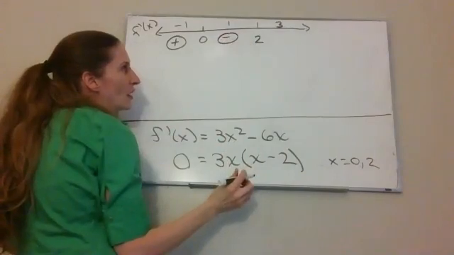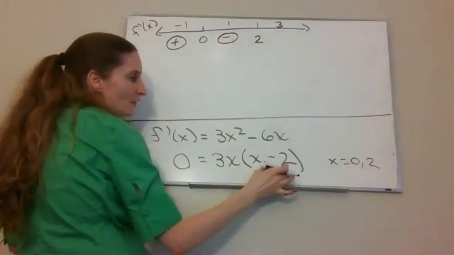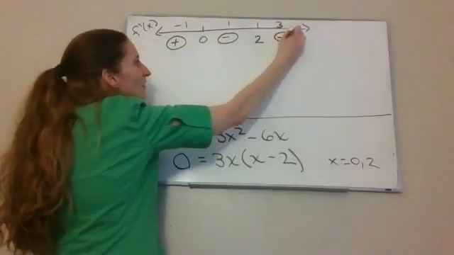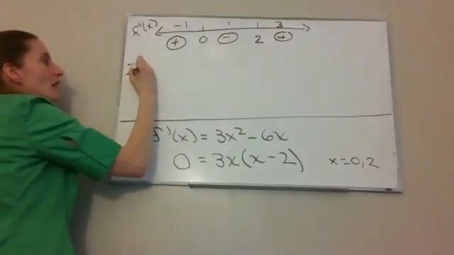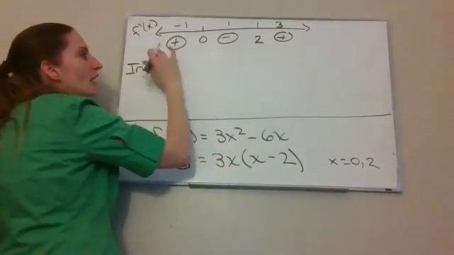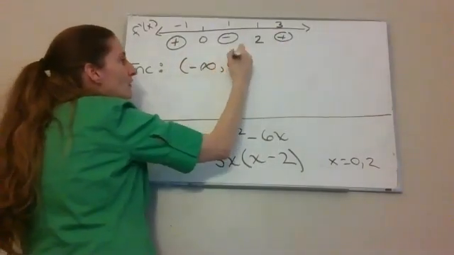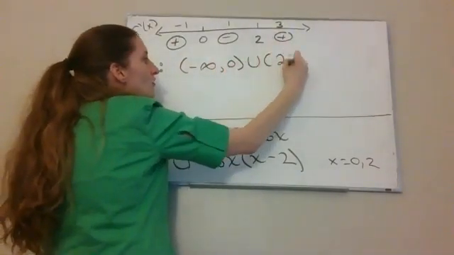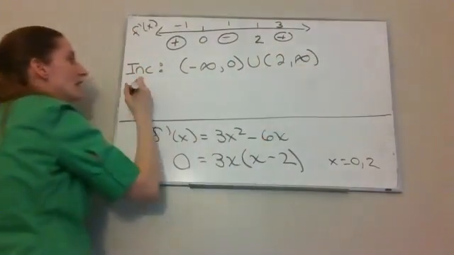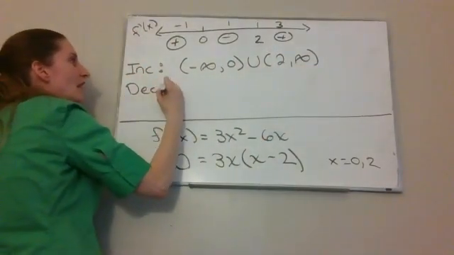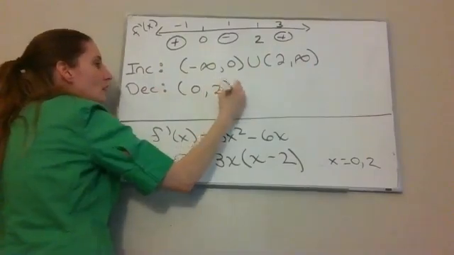And if I plug a +3 in, I get positive times positive, which is positive. So I know that I'm increasing on the two outer subintervals. That's -infinity to 0 and 2 to infinity. And I'm decreasing on that middle subinterval, 0 to 2.